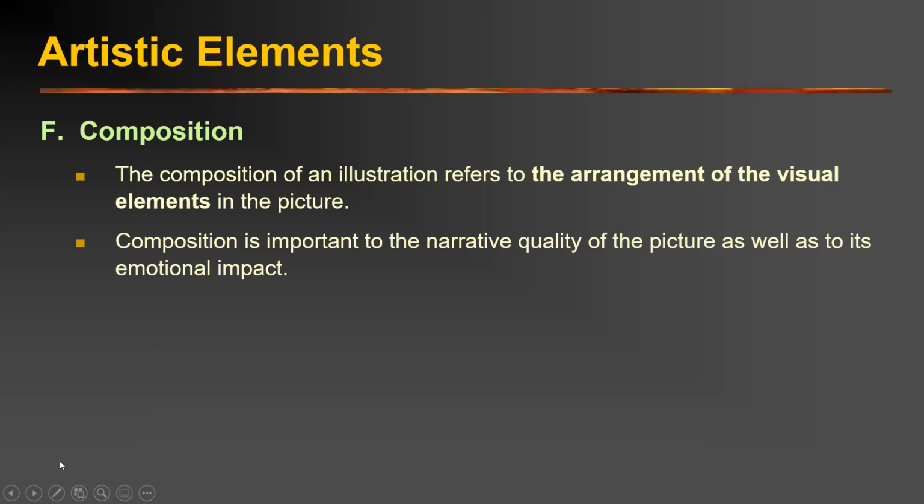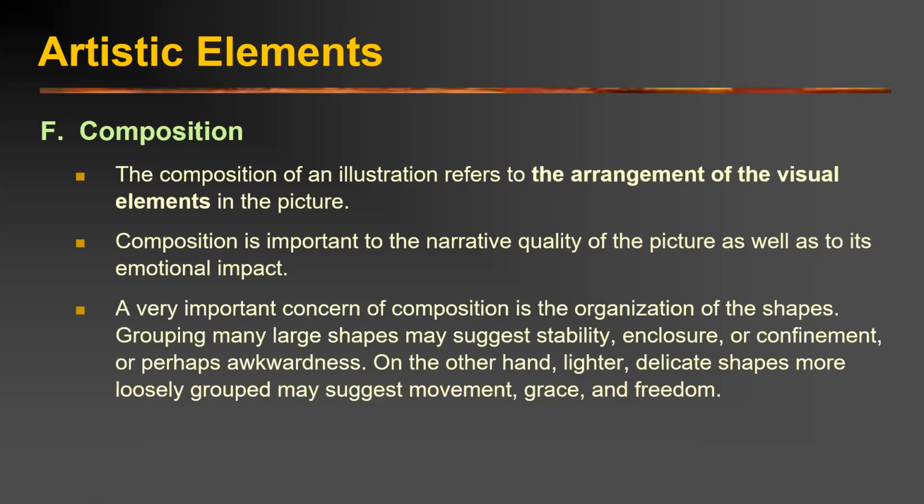We'll have examples later. A very important concern of composition is the organization of shapes. Grouping many large shapes may suggest stability, enclosure, and confinement, and perhaps awkwardness. On the other hand, lighter, delicate shapes, more loosely grouped, may suggest movement, grace, and freedom.